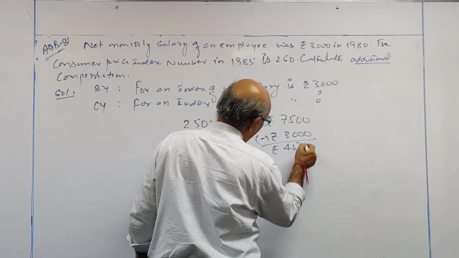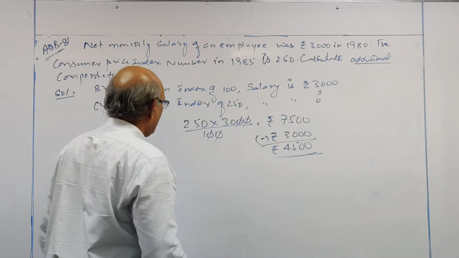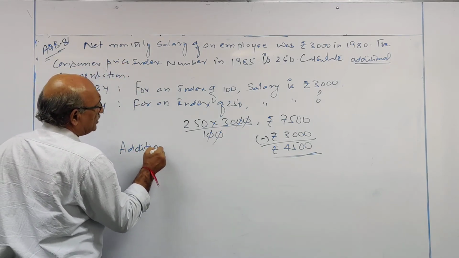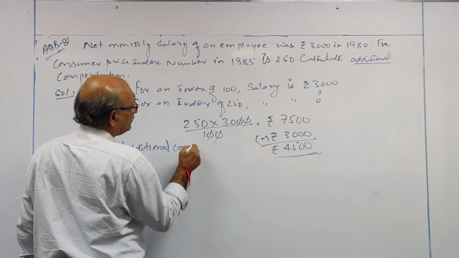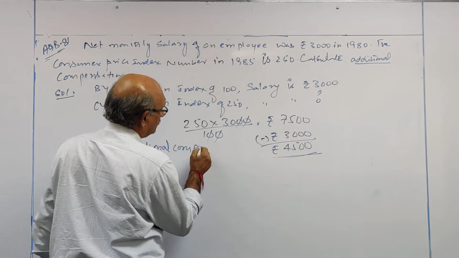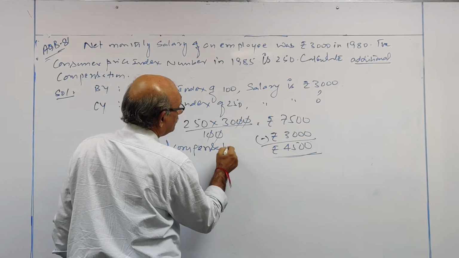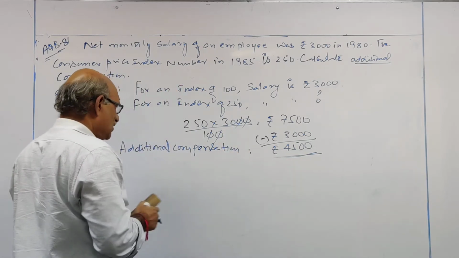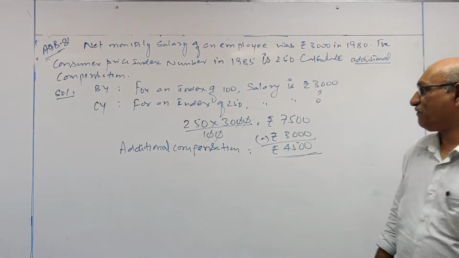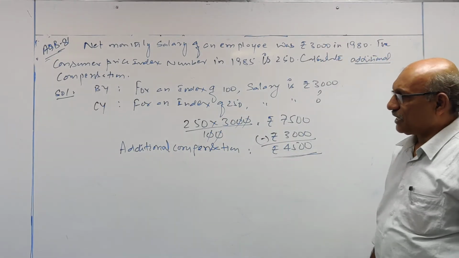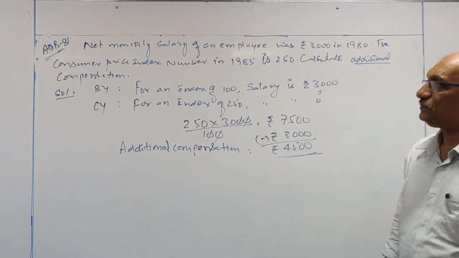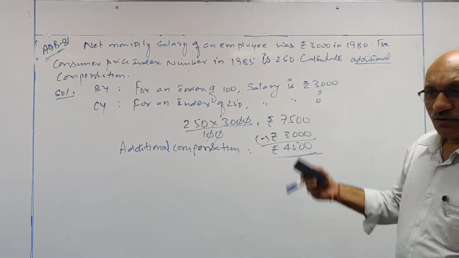Rupees 4500. Additional compensation is equal to rupees 4500. Okay, note down.